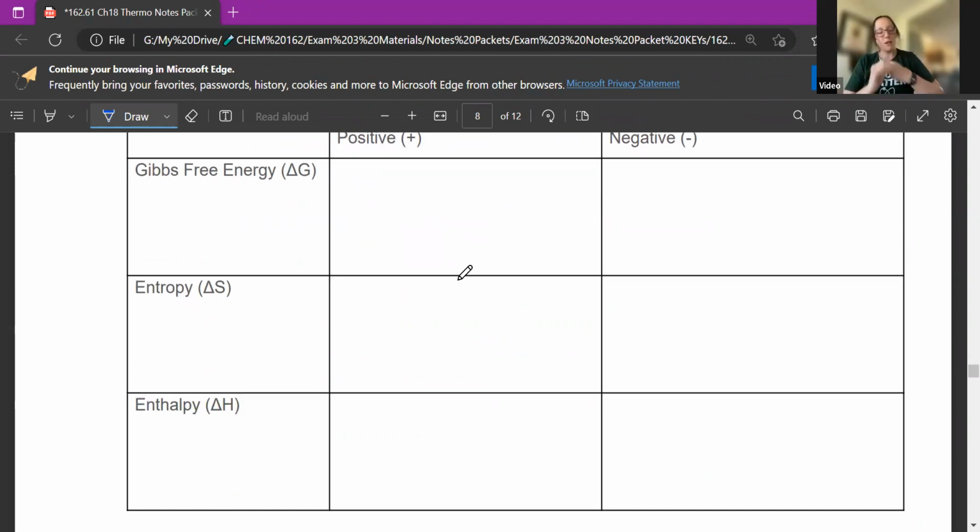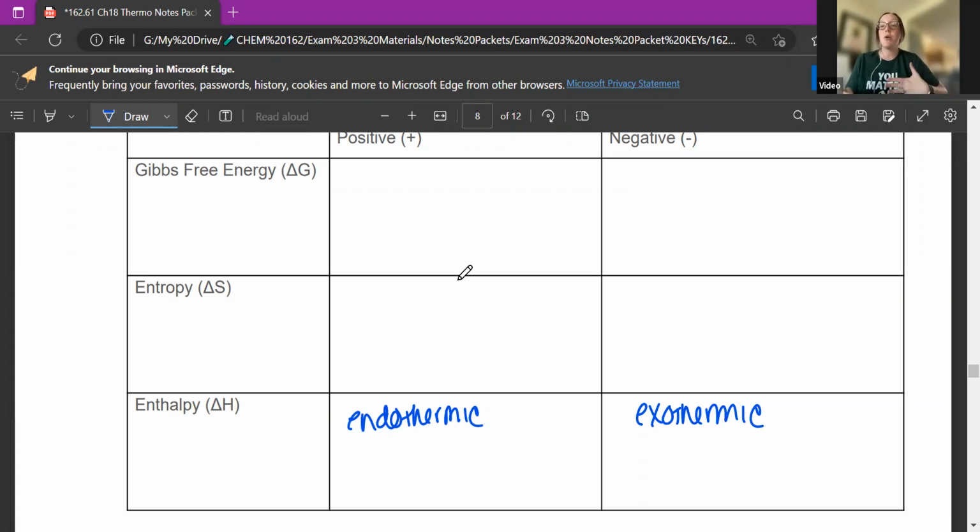So enthalpy, or delta H, is essentially if it's endothermic or exothermic. If it is positive, that means it required energy. You had to put energy in. This was endothermic if it's positive, and it's exothermic if it's negative. That means energy was released. So either you're putting energy in or you're taking energy out. That's the positive and negative of delta H.